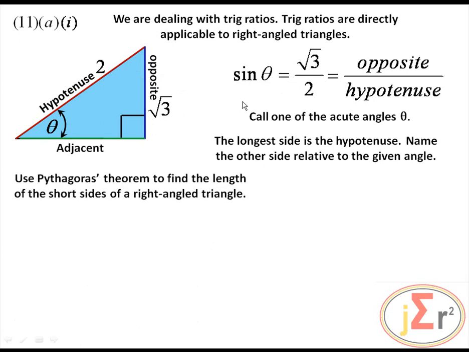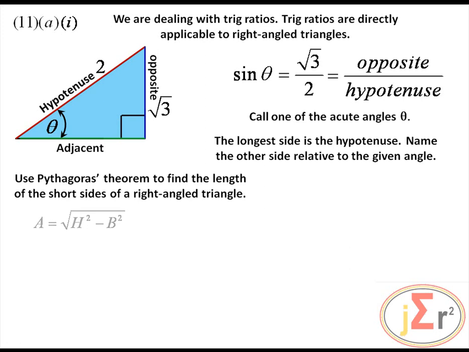Use Pythagoras' theorem to find the length of the short side of a right angled triangle. So, of course, we need to determine the length of this one. So, the length of one short side, do not forget how the formula of the basic representation of Pythagoras' theorem was transposed to give the length of one short side, which is the square root of the hypotenuse squared minus the square of the other known one, or the other short side.